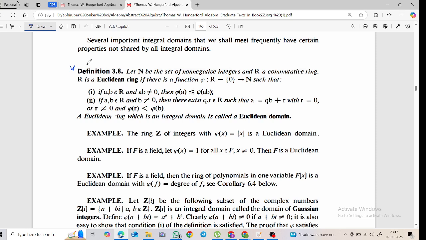And for every element a and b in R, b not equal to 0, there is this division algorithm.